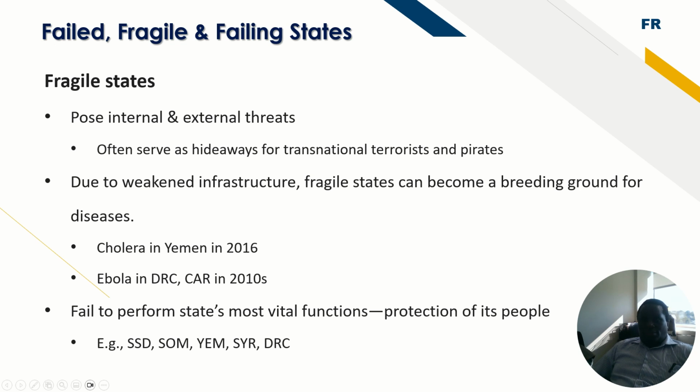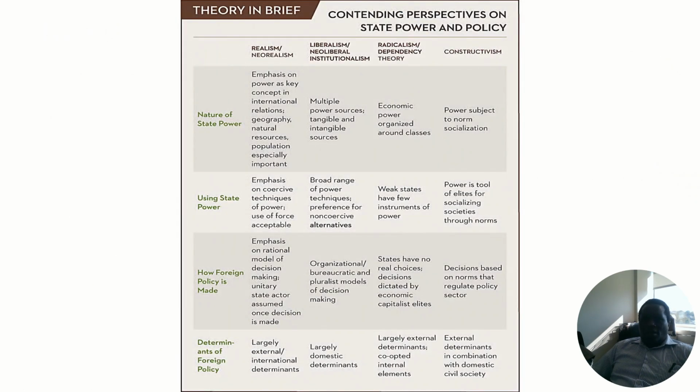But especially when there are then, for example, pandemics in those countries, such as cholera in Yemen or Ebola in DRC, and their challenges. So these are some of the things that we have to think about when we think about state power in policy, and how they affect the stability of the world that we inhabit.